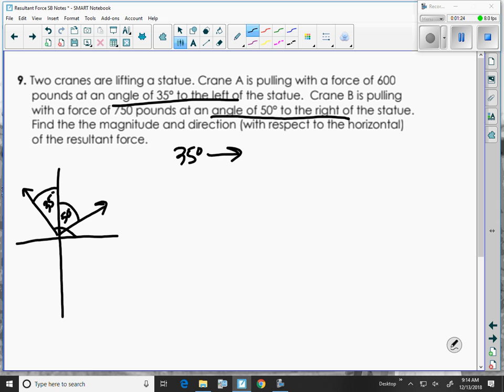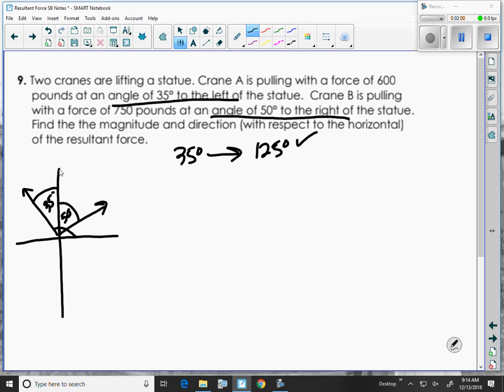Like if the ground's here, how far is that angle? So 35 is actually how much from that side? How would I find that angle? That plus 35. What's this angle here? 90. Okay, so 90 plus 35 is 125. So we're going to use angle 125 when we put it into our component form.